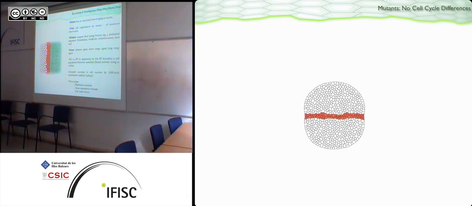The important thing is that there is a quantity that will appear a lot here that is called Notch. Notch is a receptor that is in the cells, and is the most widespread receptor in eukaryotic cells.